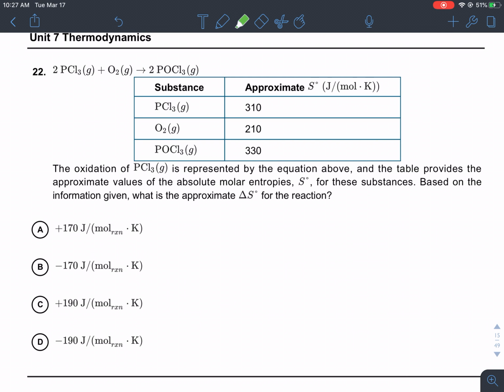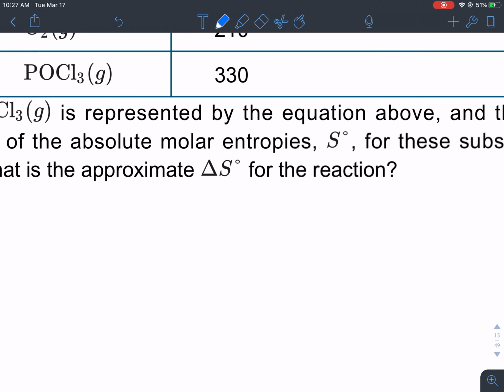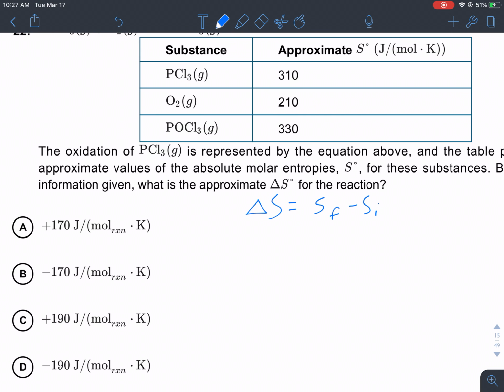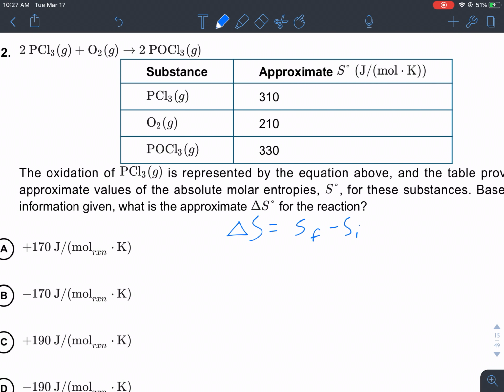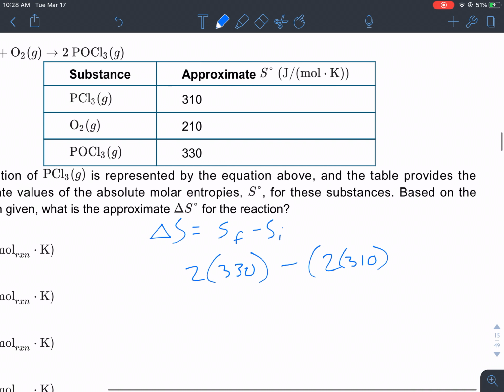All right, number 22, a little bit more straightforward of a question. It's asking for what the delta S of the reaction is, and delta S is equal to S final minus S initial, or S products minus S reactants. So your products, you have 2 times 330, minus 2 times 310 plus 210.